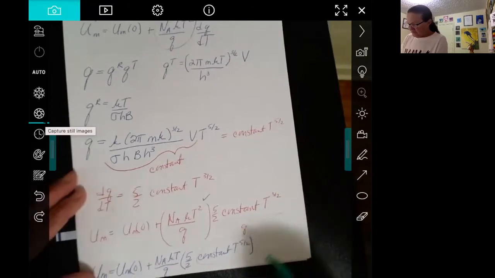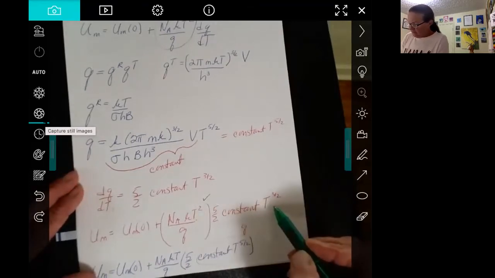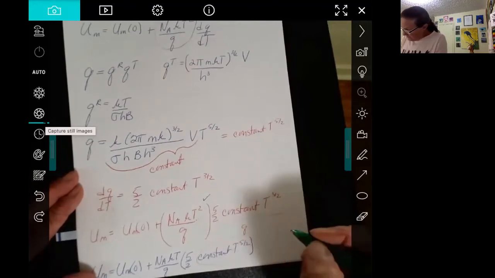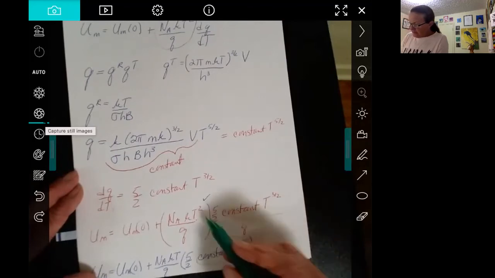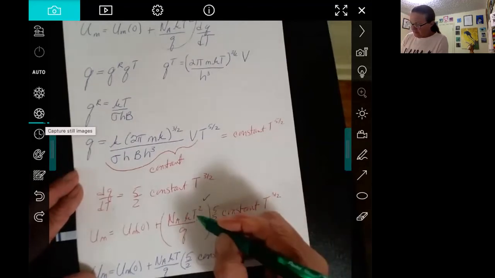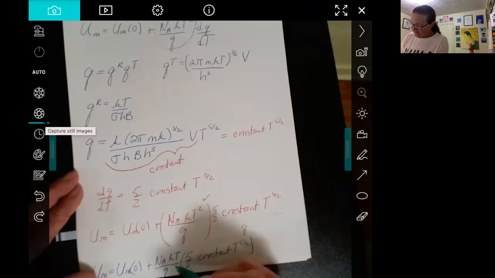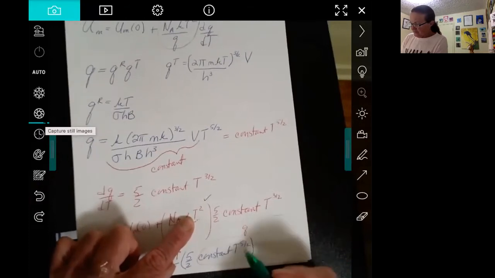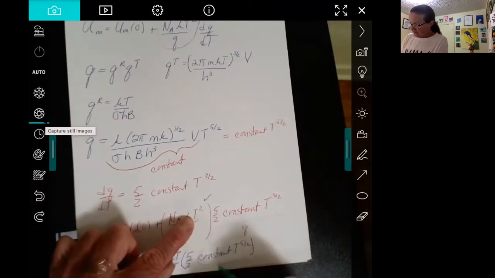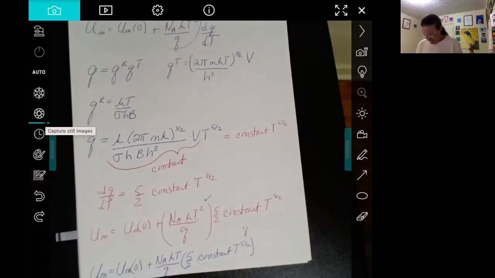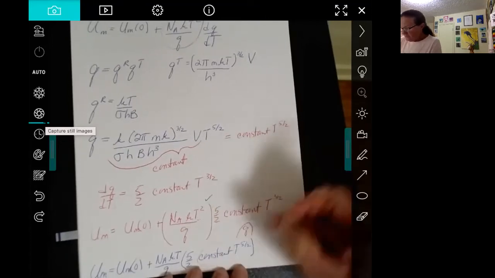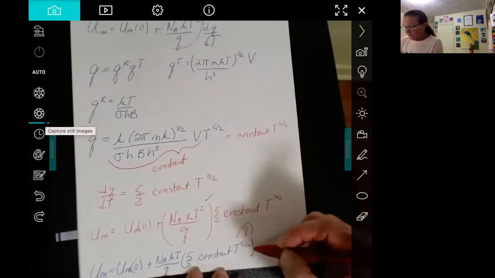Now what you notice is, if I want to separate out q, I need to take one of these T's out. So I have N_A k over q and one T left, and I'll take this T out, and when I do that, I get 5 halves, that same constant, and another T. What you notice is that constant times T to the 5 halves is q.